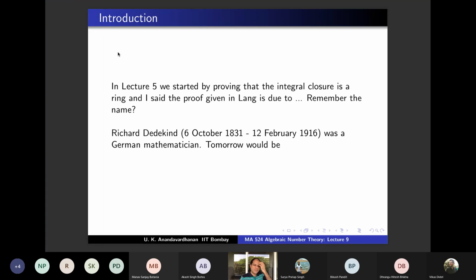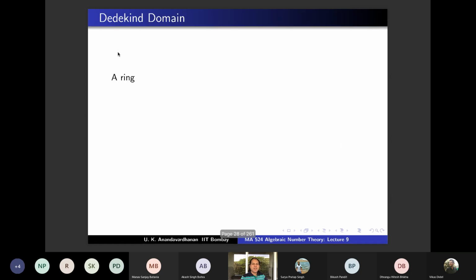But I thought maybe we should not do so much just to get the dates matching. So tomorrow would be his 105th death anniversary. 105 is correct, no? 1916, yeah, 105th death anniversary. Okay, so let's start. Maybe I'll skip one or two slides because what I want to cover, I would like to cover as a proper full stop. Something which is not very difficult, maybe I will skip in order to save time.